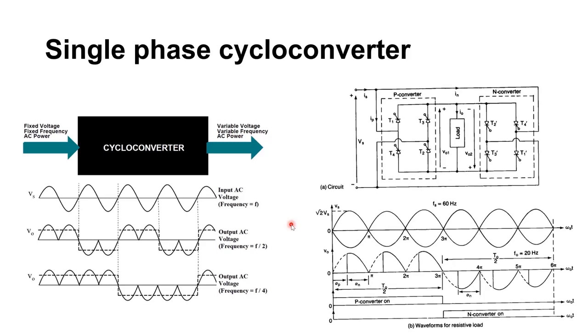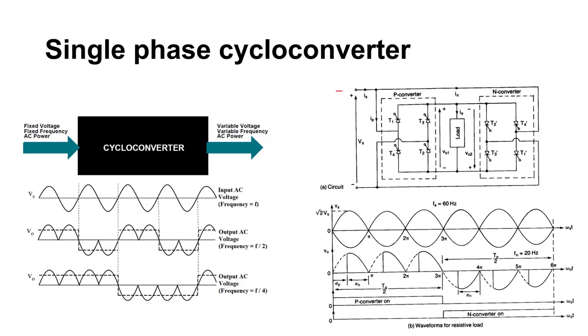So let's see the operation of a single phase cyclo converter, how it actually operates. Here on the right top corner of the slide, it shows the circuit, and we have two parts. One is the P converter and the other is the N converter, and we have the load connected here. If we want a step down operation in the cyclo converter, where the output frequency is lower than the input frequency, then we can do that by this.